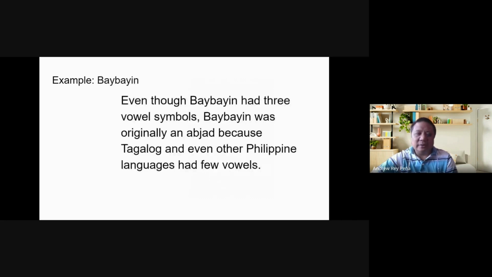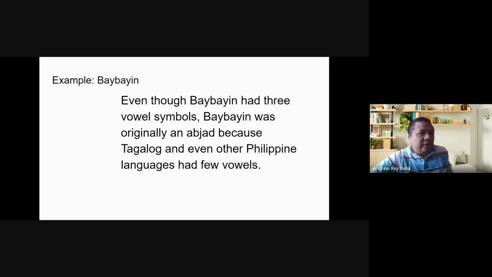Maybe even Baybayin in its earliest forms was an abjad. So even though Baybayin has three vowel symbols, Baybayin was originally an abjad because Tagalog and even the other Philippine languages had few vowels. So we had only three vowels: a, e or i, and o or u.